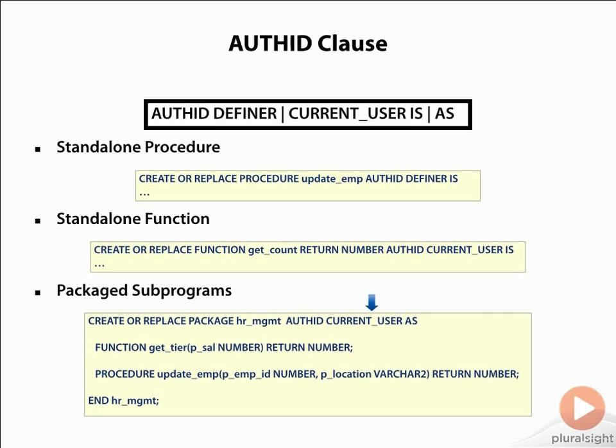So here we are defining the package specification HR_management as CREATE OR REPLACE PACKAGE HR_management AUTHID CURRENT_USER AS. Now both the function getTier as well as the procedure updateEMP will be defined with AUTHID CURRENT_USER. You cannot put the AUTHID clause in the package body.